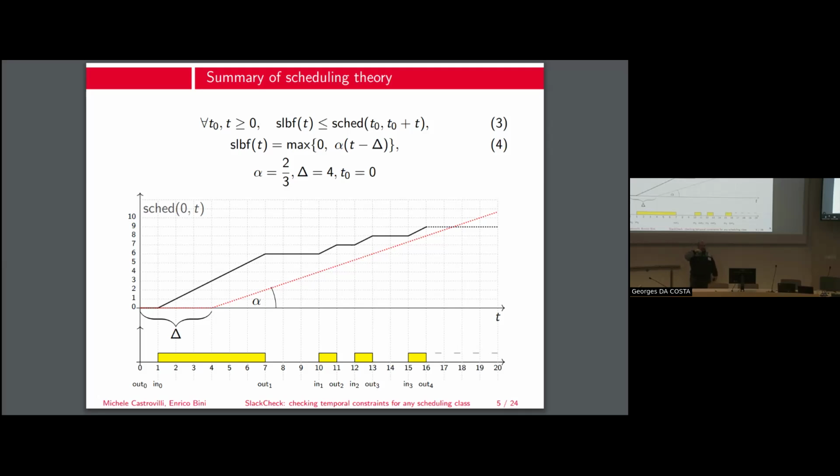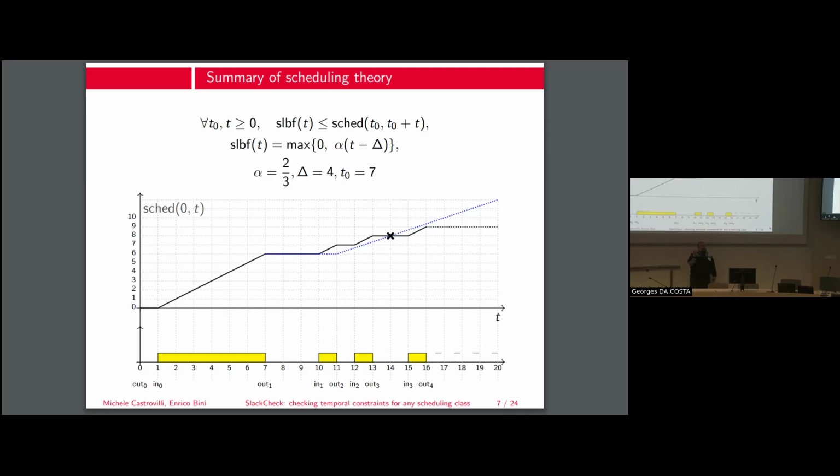Therefore, at any point in time, I should check whether this condition is violated. For example, here, if I take t0 = 7, I have a violation of the condition. This wouldn't happen with t0 = 0, but with t0 = 7, I have this.